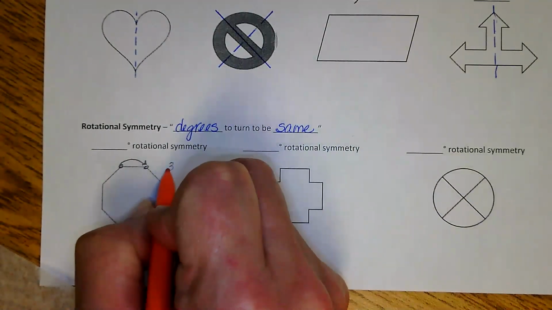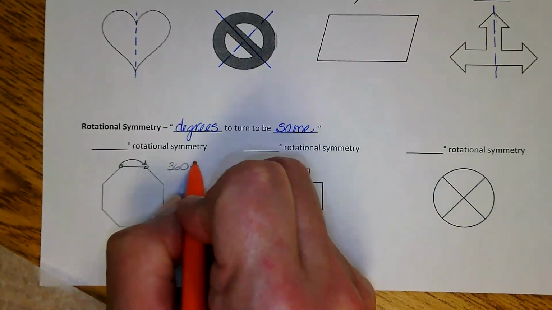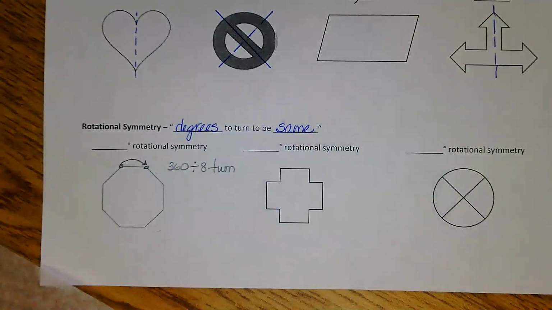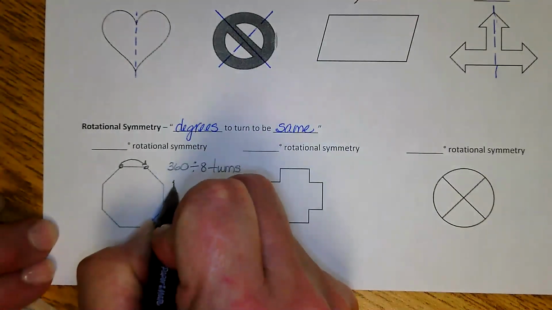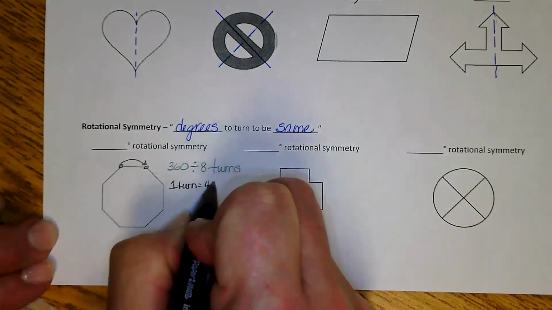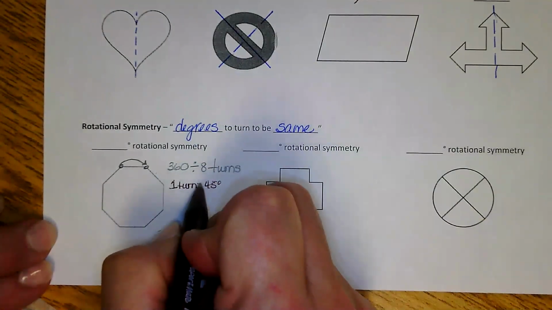All right, 360 degrees in one full turn divided by the 8 turns that I can get in this picture. That tells you the degree of rotational symmetry. So for one turn, it's 45 degrees. All I did was divide those.